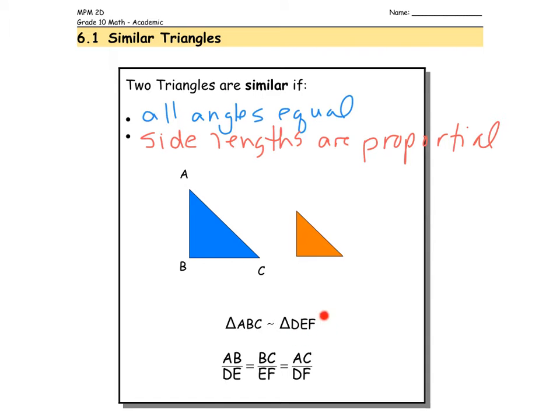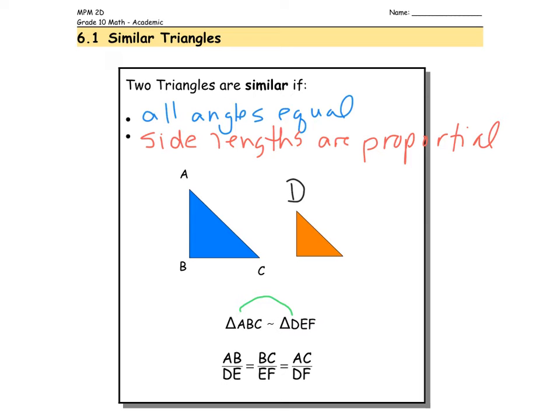And how we write that is very important. The order in which we say it relates to how it needs to be written when we draw those letters on our diagram. So for instance, corner A or vertex A is of the same size as vertex D, which means that when I label my triangle, I'm going to label this as D. So the order there needs to relate.